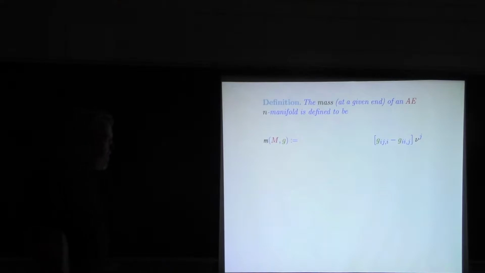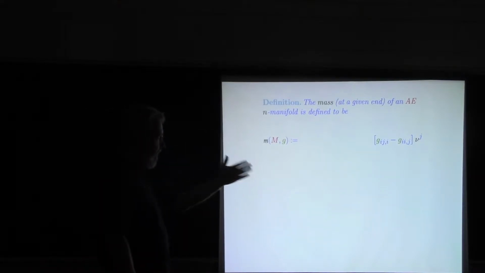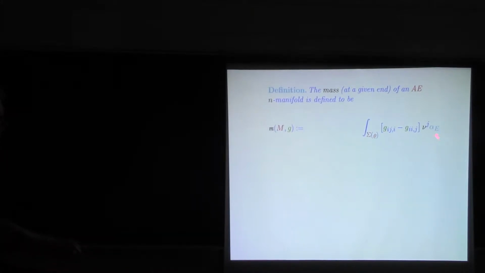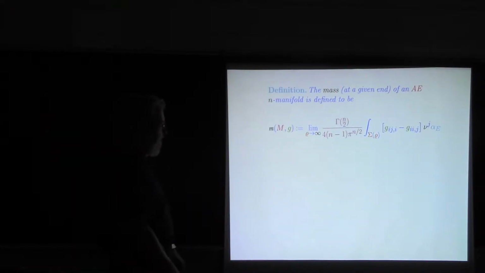Here, you have a standard chart at infinity, so you're using Euclidean coordinates. Then you take the radial component of that with respect to the outward pointing unit normal and integrate that on a very large sphere. Take the limit as the radius of the sphere goes to infinity, and then there's some normalization factor which is conventional, and depends on the dimension and so forth.